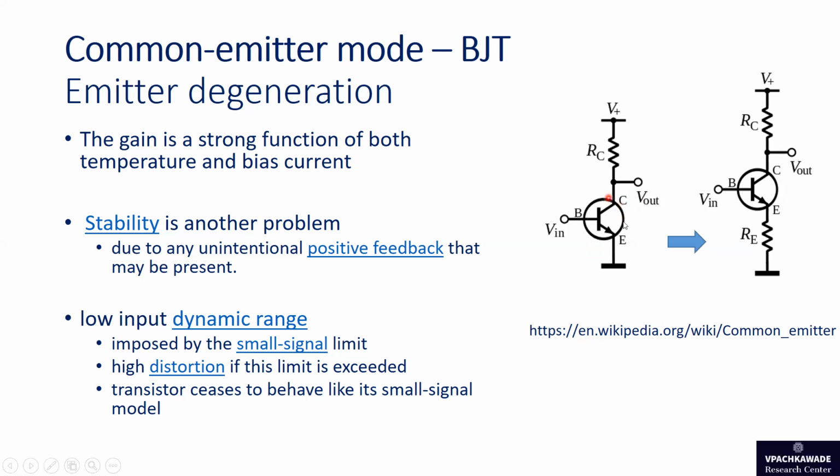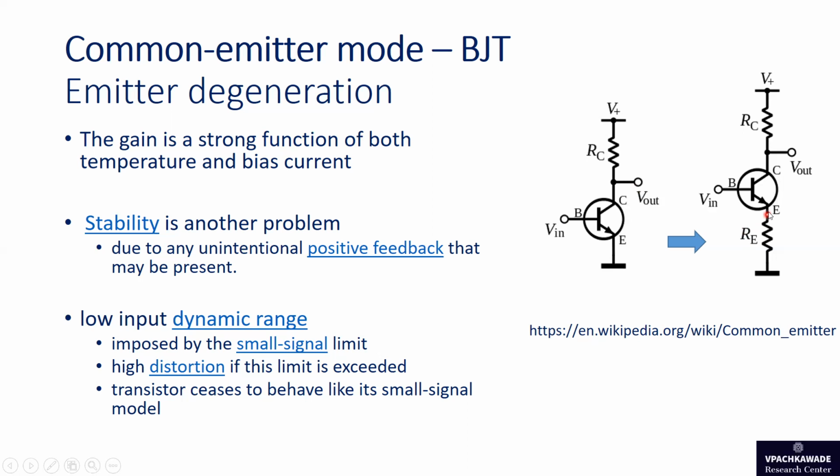In such a case, the transistor ceases to behave like its small signal model. It is not a linear amplifier and it doesn't give you a good output. To alleviate these three problems, gain, stability, and low input dynamic range, which results in a highly distorted output, you can make a small modification to this circuit.